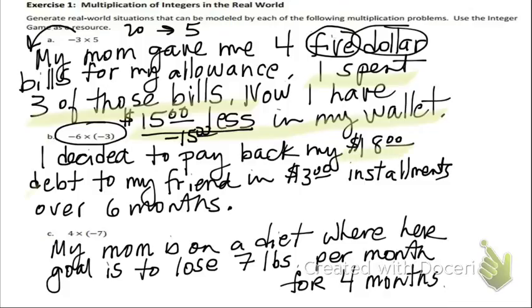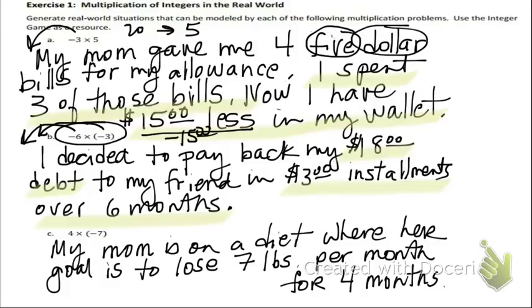Okay, so this $18 debt is going to be negative to my friend in $3 installments over 6 months. So for 6 months, I'm paying back $3, and at the same time, my debt is going down.